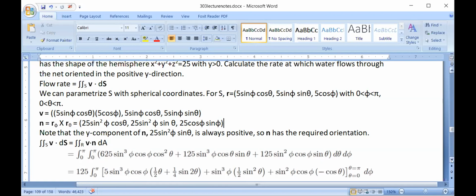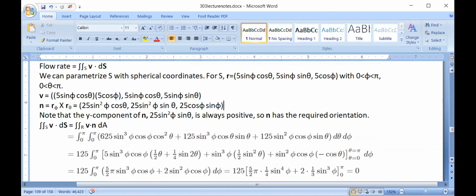And then you just evaluate this as theta goes from 0 to pi, plug it in, and you get this 5/2 pi sine cubed phi cos phi plus 2 sine squared phi cos phi d phi. And this one is actually a straightforward substitution: u equals sine phi, and then du equals cos phi d phi.